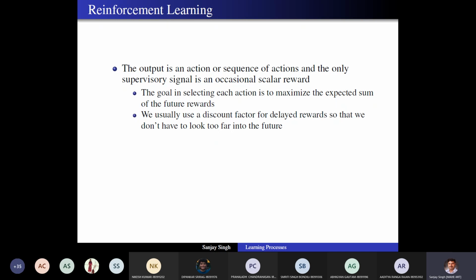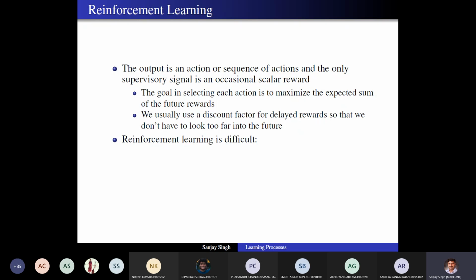What I mean to say is, if the rewards are coming late, we don't give them much value. If I'm putting a seed now and after a long time the outcome comes, I'm not looking for such kind of rewards. Those things are rewarded which get an immediate value, and this is how we progress.